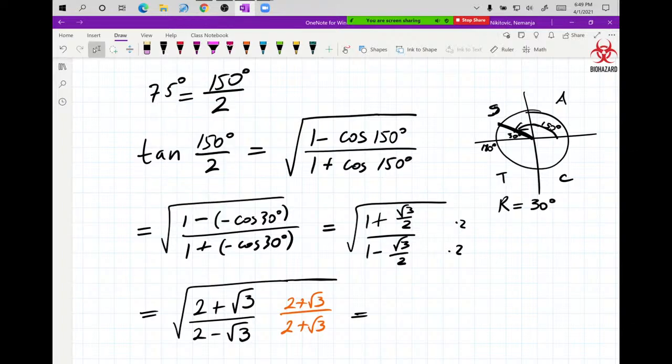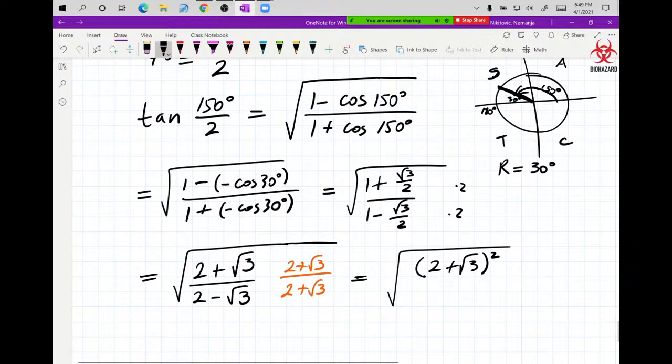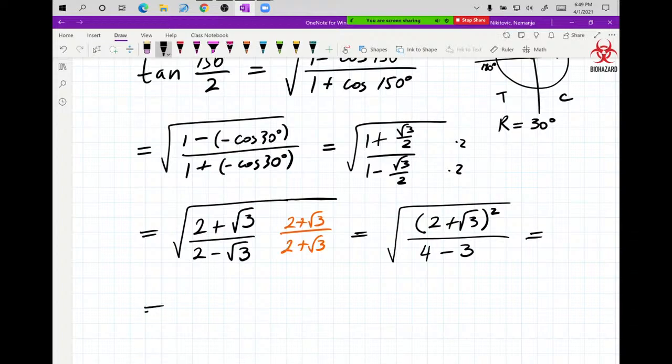And if you look on top, I'm not going to FOIL it because it's going to stay squared. And on the bottom, when you FOIL this, you get 4 minus 3. So you separate the two roots because we have that algebra rule.